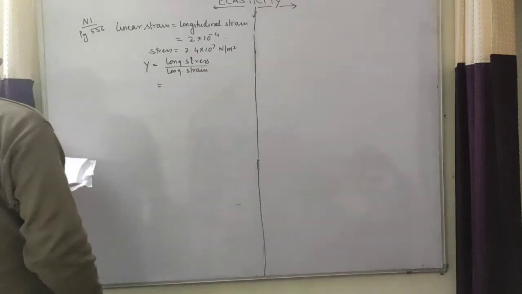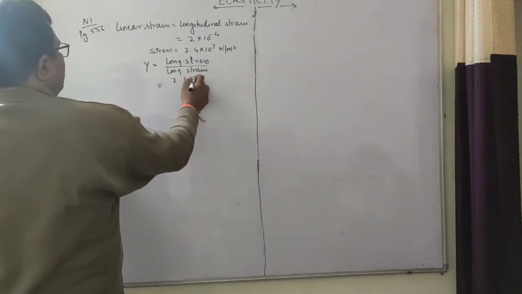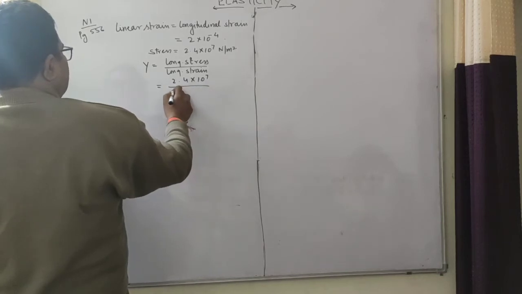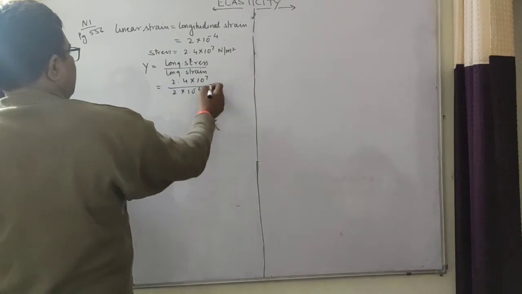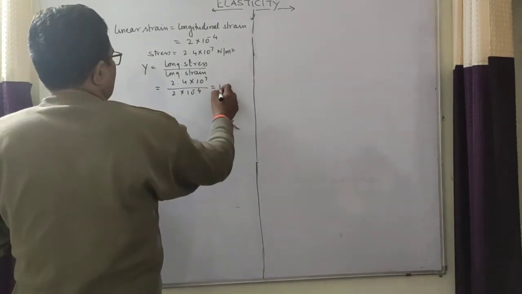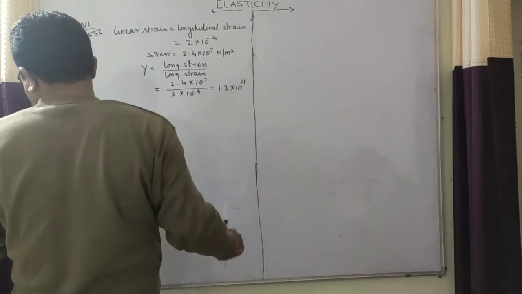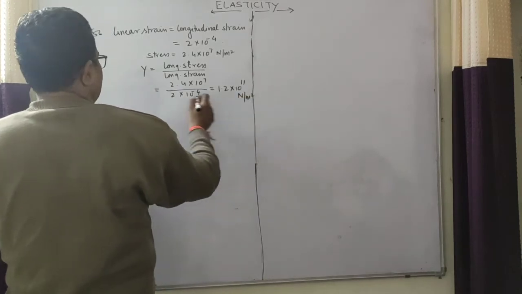Longitudinal stress is 2.4 into 10 to the power 7, and strain is 2 into 10 to the power minus 4. Divide it properly, you are going to get the answer, which is 1.2 into 10 to the power 11 Newton per meter square.